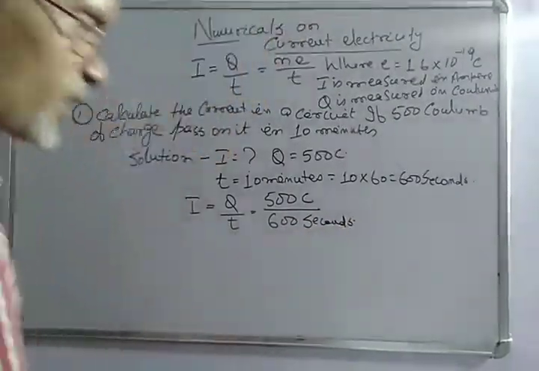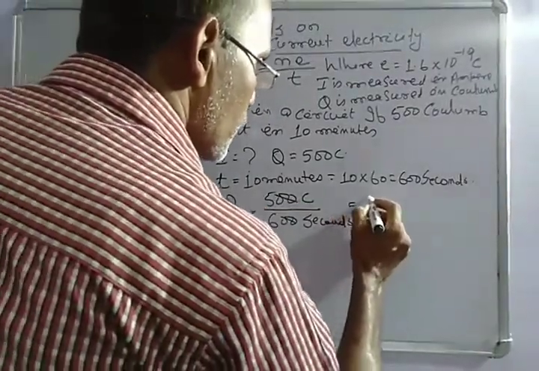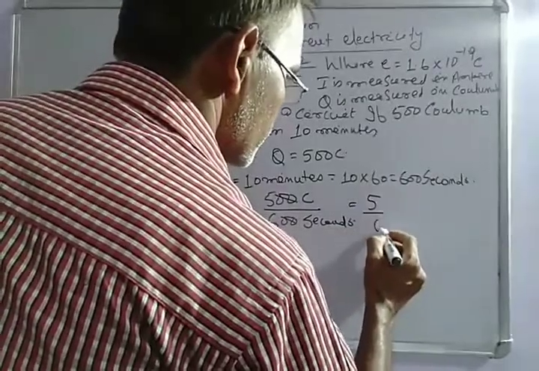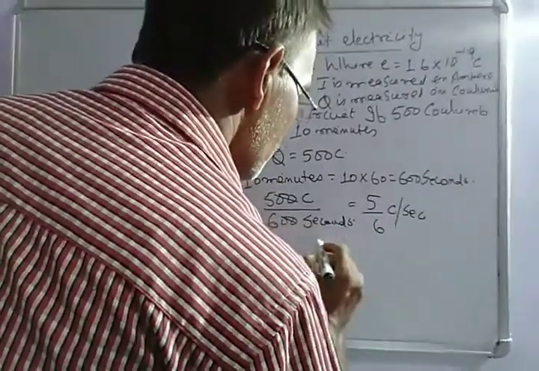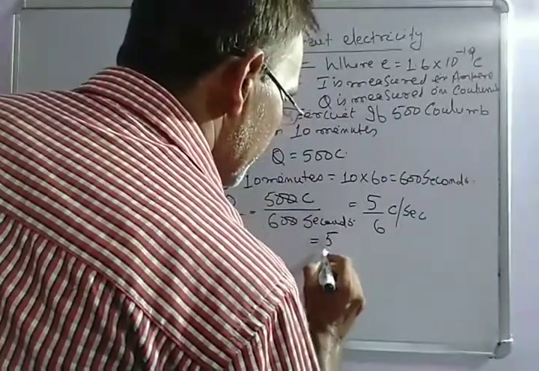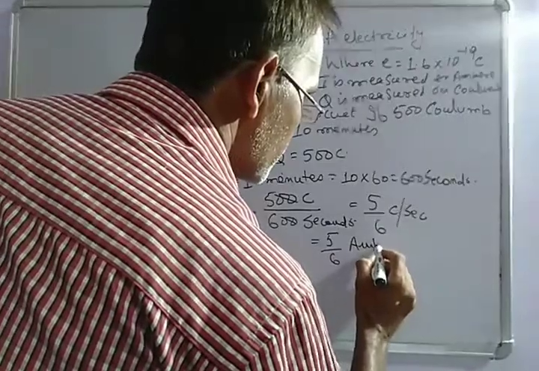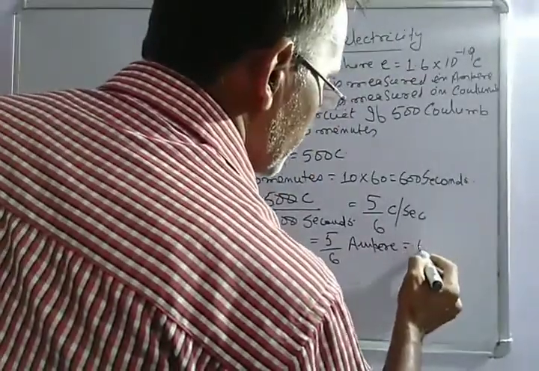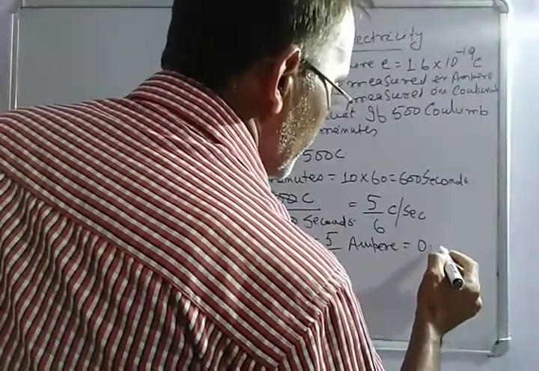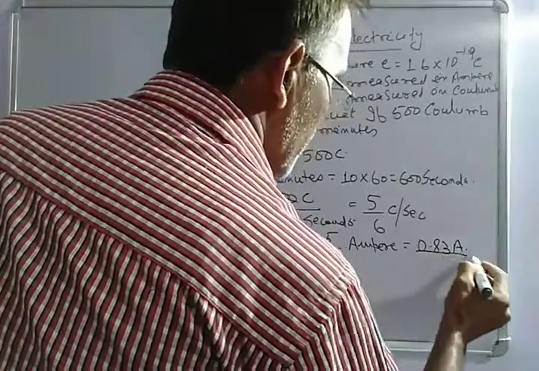Cut off the zeros, so this is equal to 5 by 6 coulomb per second. So this is equal to 5 by 6 ampere, which is equal to 0.83 ampere. So this is the answer.